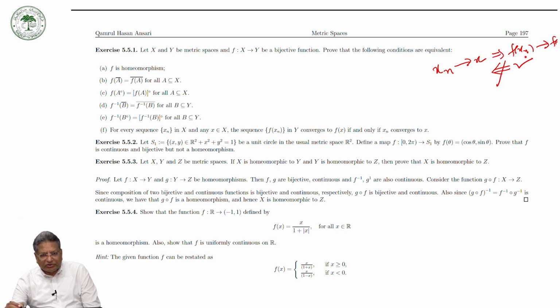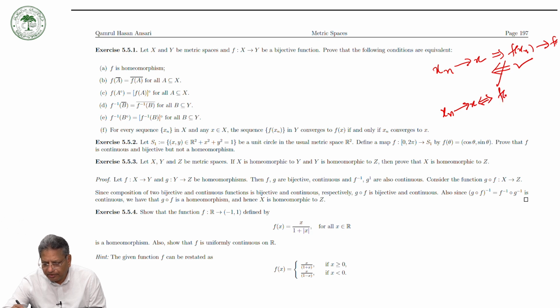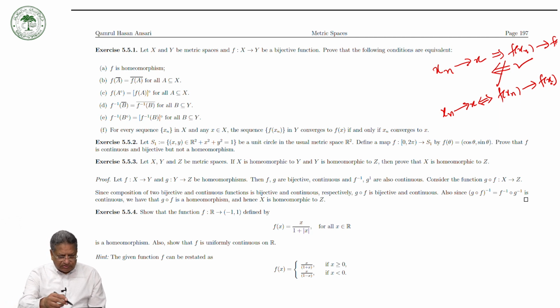So if the function is a homeomorphism, then xn converges to x if and only if f of xn converges to f of x. These are the characterizations, and they can be proved very easily.